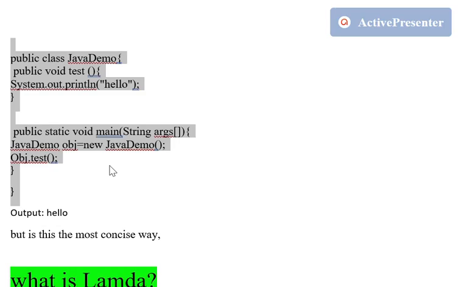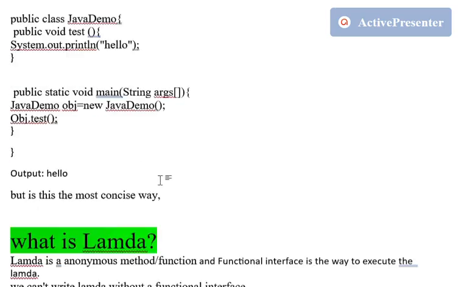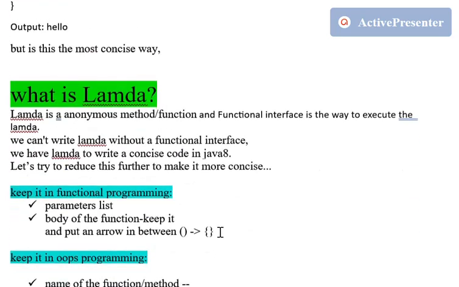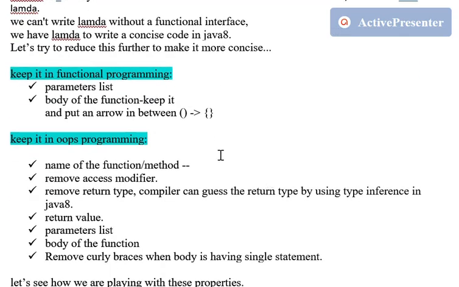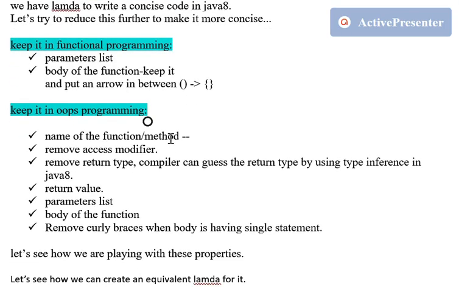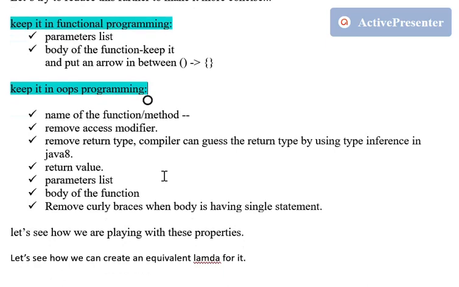Instead of that, is this the most concise way of writing code? No, right? So using Lambda, we can reduce this further to make it more concise code. When we write code using a Lambda, we need to follow these things. Whenever we write a normal Java program using object-oriented programming, we need to follow these steps.